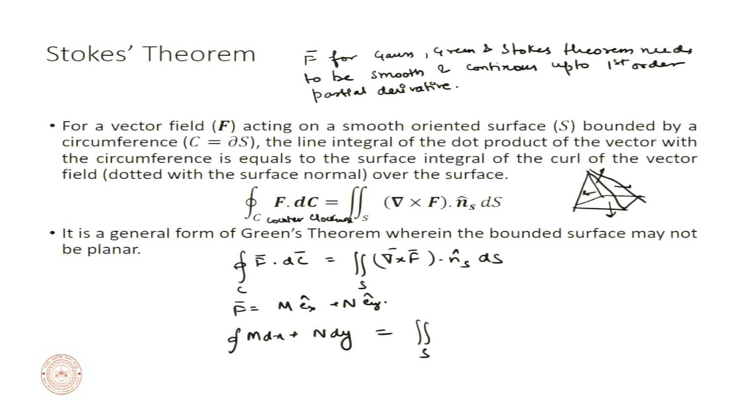In this case, the curl of f will be in the E3 direction, and that is the normal direction. The curl, del cross f, equals del n by del x minus del m by del y along the Ez direction, or the E3 direction, dotted with the surface normal into dS. Okay, so that is our Green's theorem.